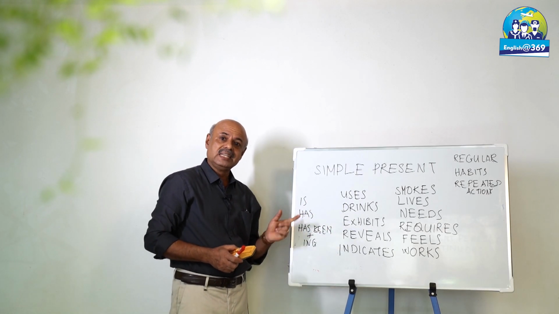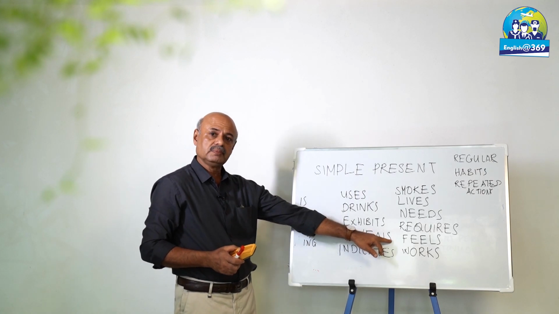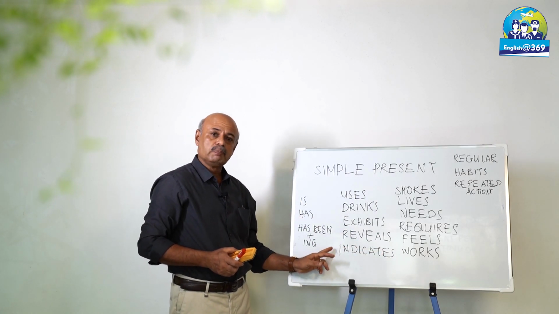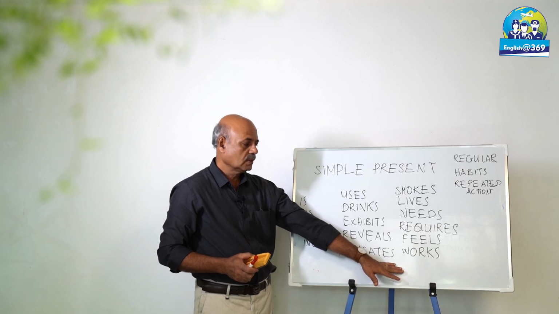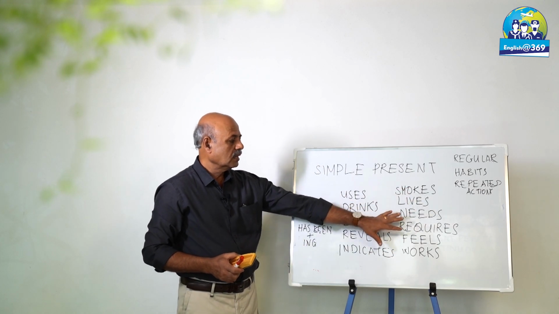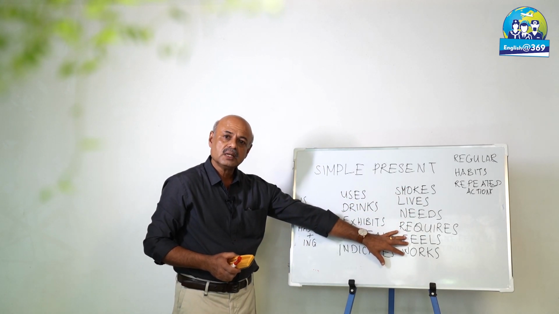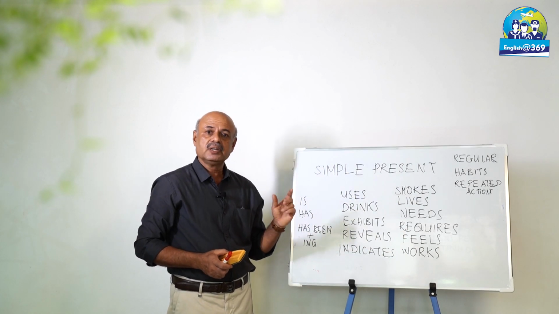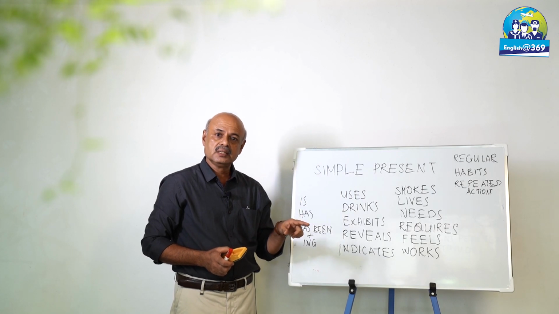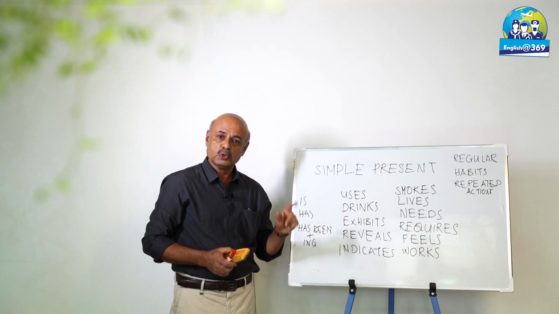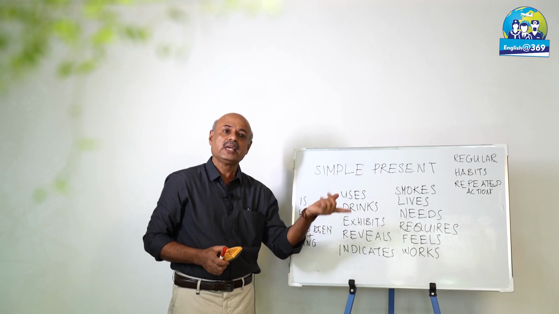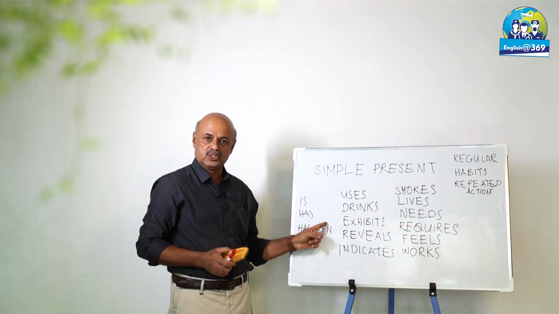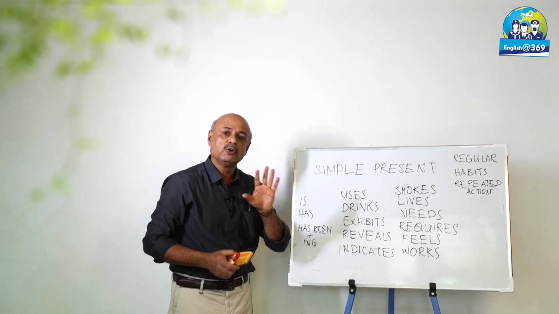The medical report, his medical report reveals, his medical report indicates, and he works. Remember, even introductory paragraph, he requires, so and so requires, she requires ongoing care, all in the simple present tense, requires. So I hope it is clear.